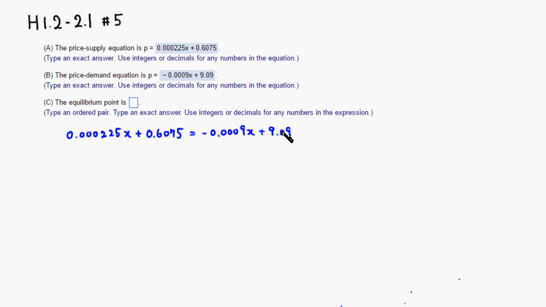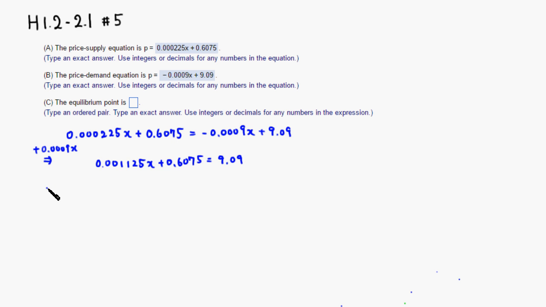Right, then you can simply add 0.0009x, and we would get 0.001125x plus 0.6075 is equal to 9.09.